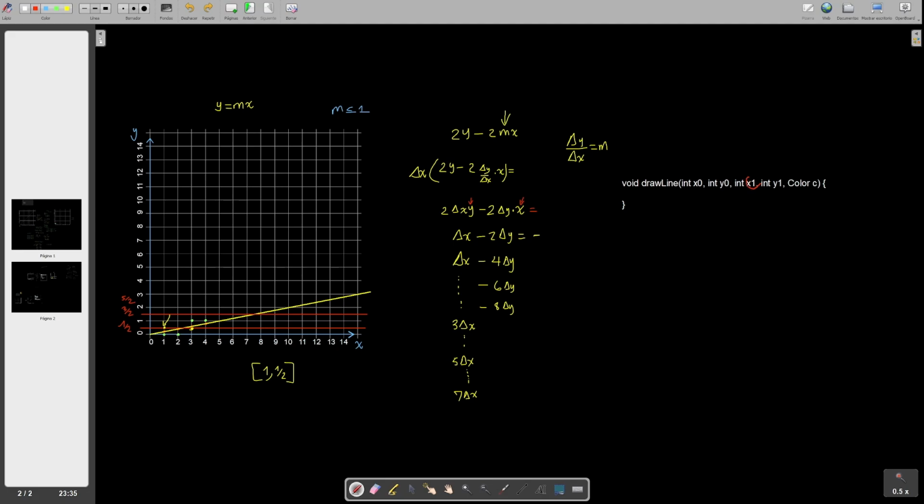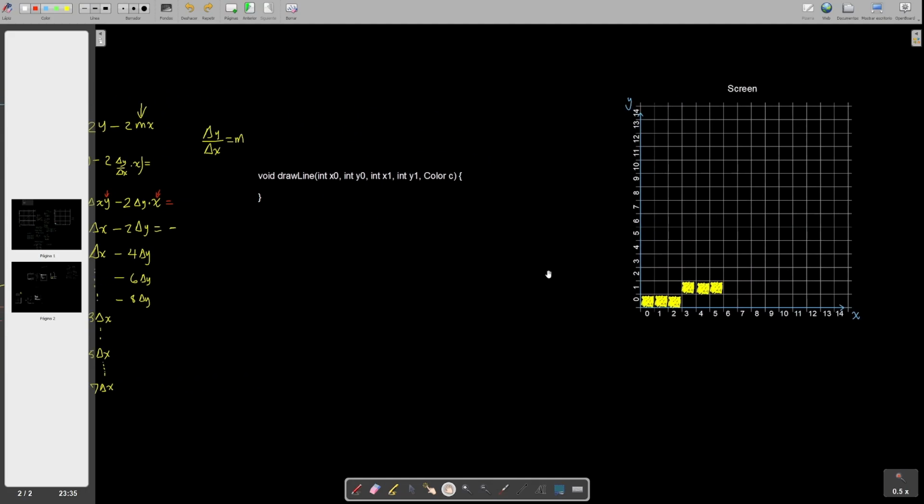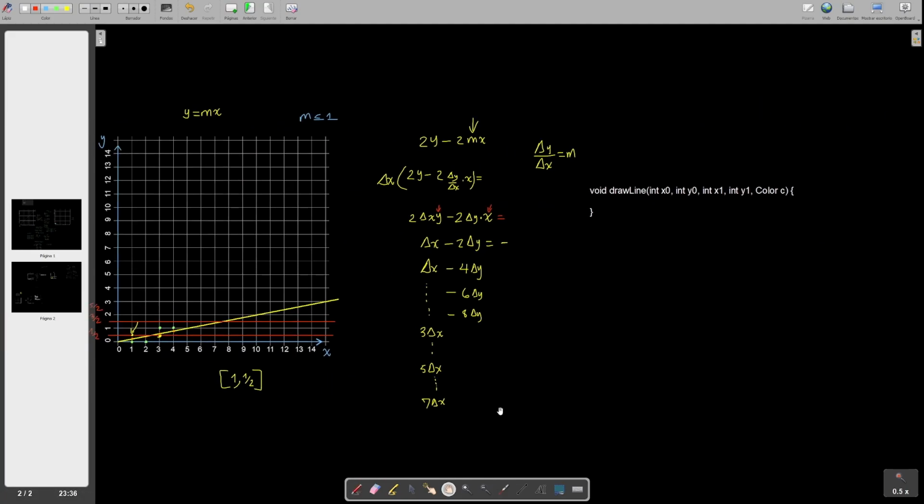And let's assume x1 is always going to be bigger than x0, and y1 is always going to be bigger than y0. So just the happy path for our base code. Because whenever you want to draw a line, you just provide 2 pixel coordinates.